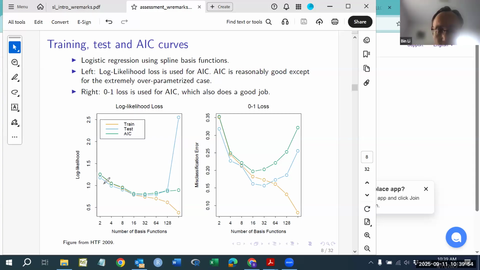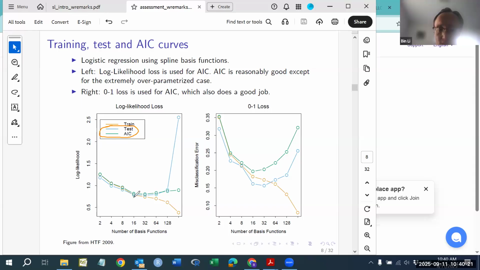But the test error, the blue curve, is U-shaped. And you can see the AIC, the green curve, is also U-shaped. So the AIC and the test curve follow the same shape.